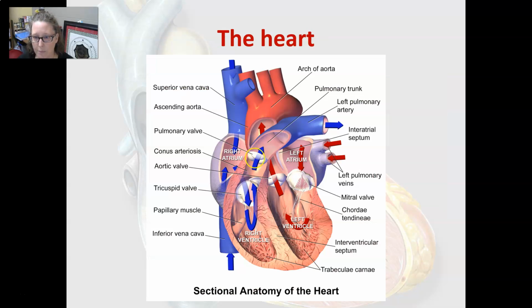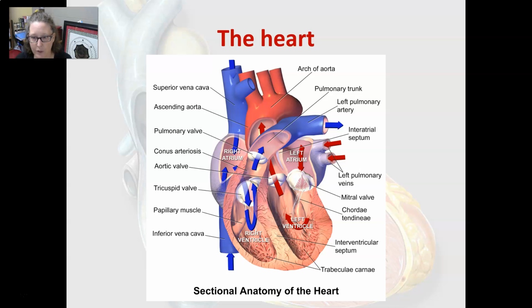So here's a big schematic of the heart. So we have the atria here, right atrium, left atrium. Again, as we mentioned in my medical terminology body organization video, you have to remember that right and left is the patient's right and left, so it's always going to look backwards to you.